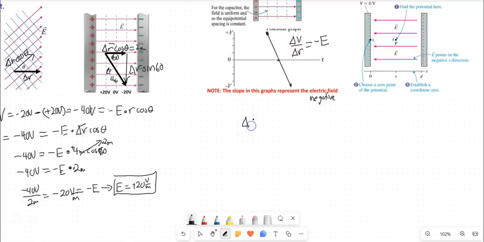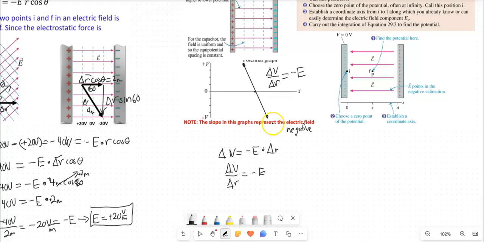And so I'm thinking about this equation, negative E delta R, and we're going to divide both sides by the delta R, and that's negative E. So if you're given a graph where the change in voltage goes from positive to negative, you have to think about it for a second, right? Because that's a positive slope right there. But in order to relate this to the actual electric field, you have to take the negative of that slope.